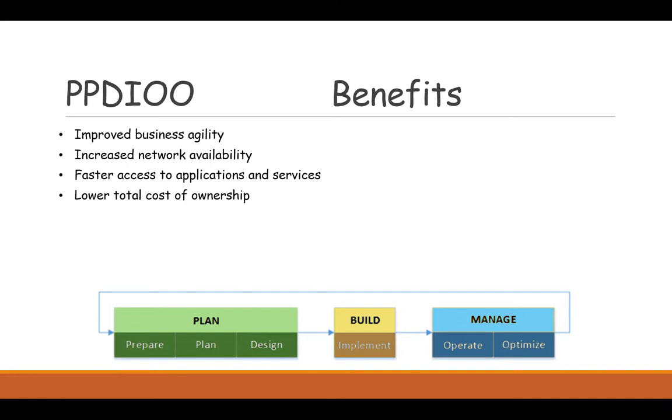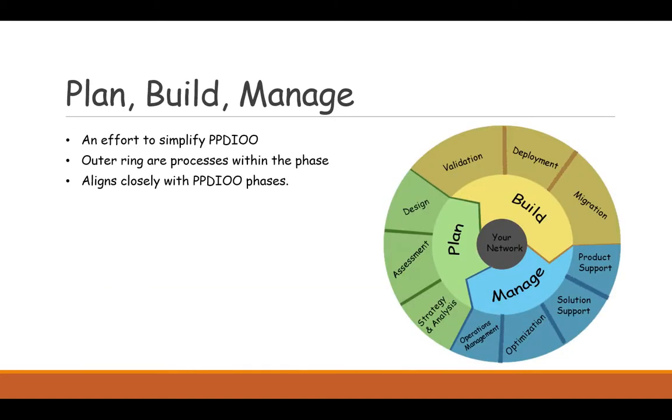And at the bottom here, you see that the six phases, prepare, plan, design, implement, operate, optimize, all fit neatly into three more generic sections of plan, build, and manage. This might feel like an oversimplification of the design process, but each of these phases also has several processes within them.